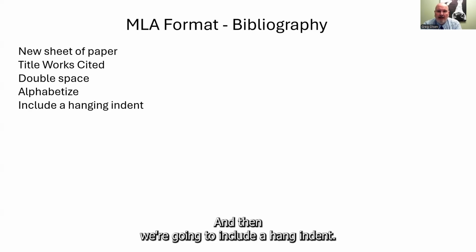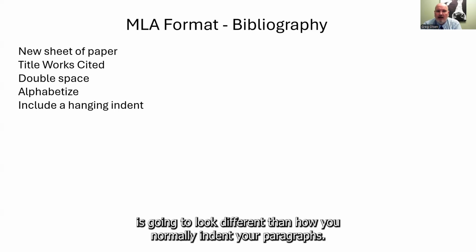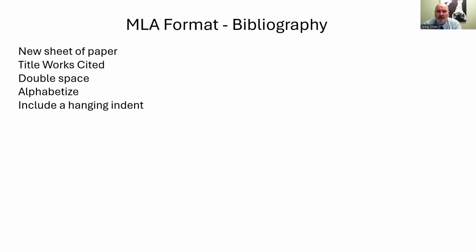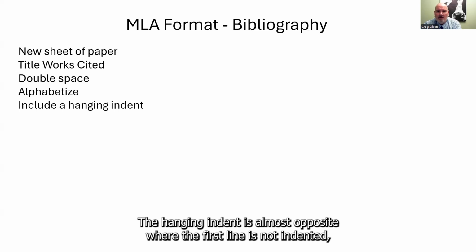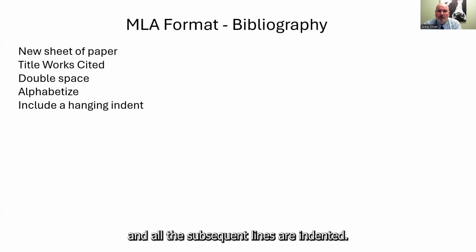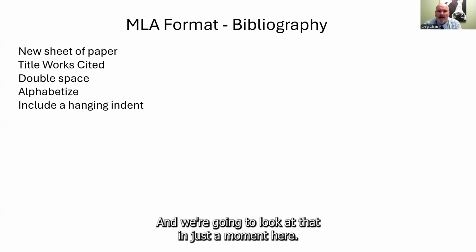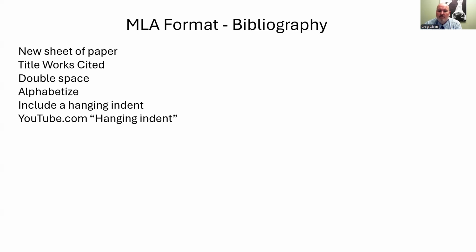And then we're going to include a hanging indent. So a hanging indent is going to look different than how you normally indent your paragraphs. The hanging indent is almost opposite, where the first line is not indented and all the subsequent lines are indented. And we're going to look at that in just a moment here.